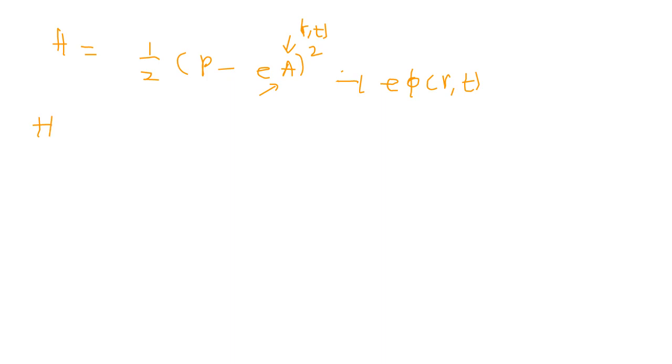We can also get this by starting with the usual free Hamiltonian by doing what is called minimal substitution. So it means that you replace p by p minus e multiplied by A, and similarly, you replace h by h minus e phi.